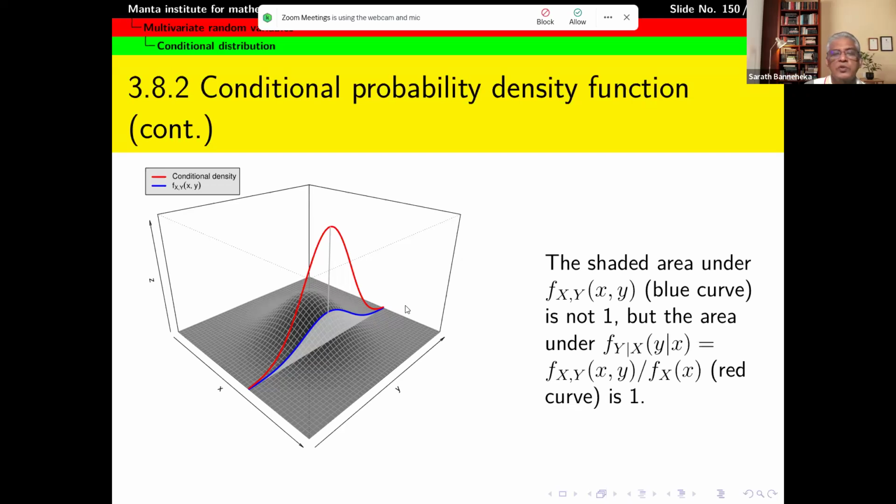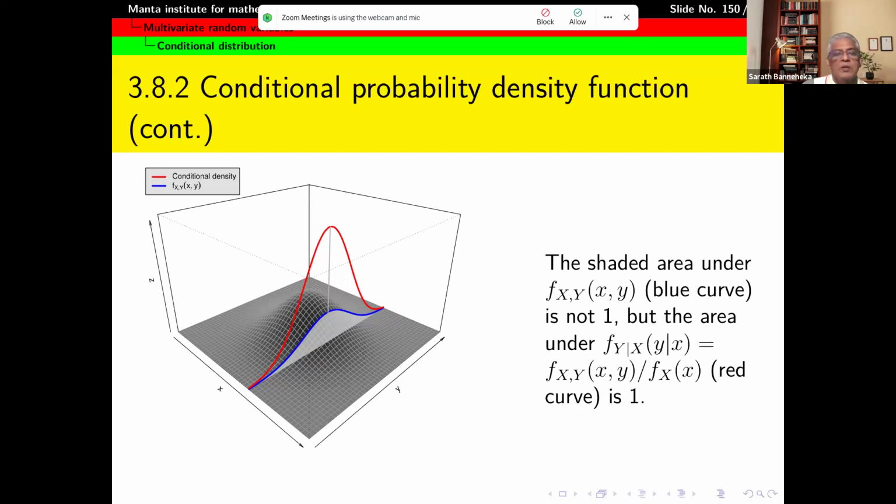That is going to be given by f_{X,Y}. For example, if we cut this at the value x naught, then this curve will be f_{X,Y}(x naught, y). x is fixed at x naught, but y is changing. So that will be the curve f_{X,Y} evaluated at (x naught, y). But the area under that curve is not equal to 1.